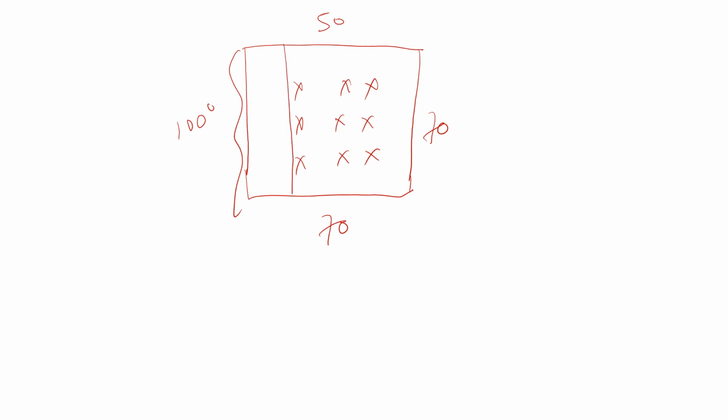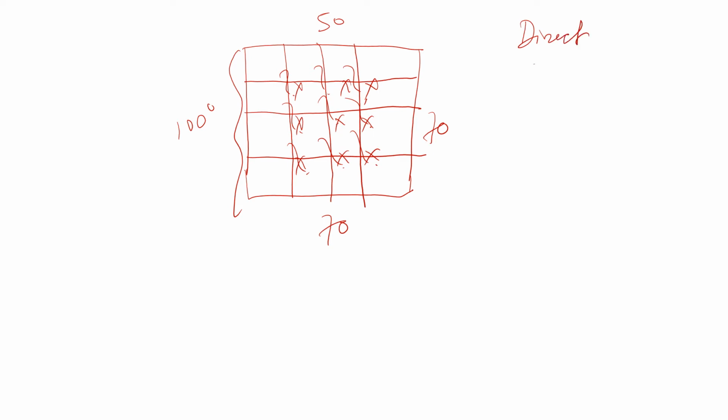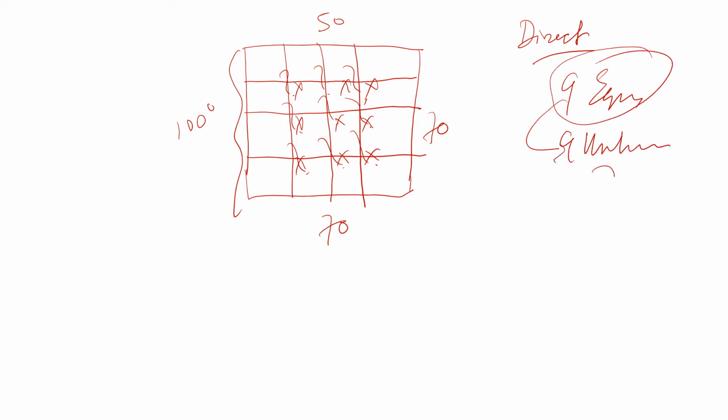And we have divided it into 16 segments of equal dimension, where x and y is 1 meter. So we want to know what is this, what is this, what is this. And in the direct method, we have found 9 equations with 9 unknowns. And I have said when you solve these 9 equations, you will get the values of the 9 unknowns.